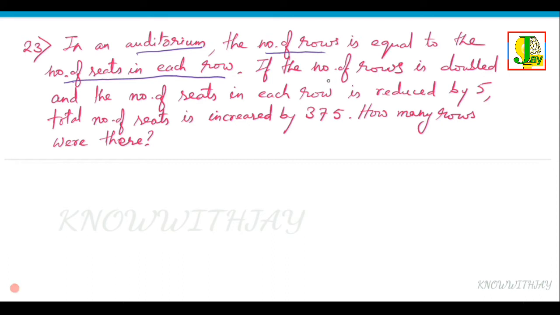Now there is a condition: if the number of rows is doubled, and the number of seats in each row is reduced by 5, then the total number of seats is increased by 375. So total number of seats.